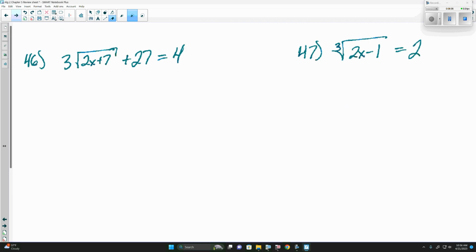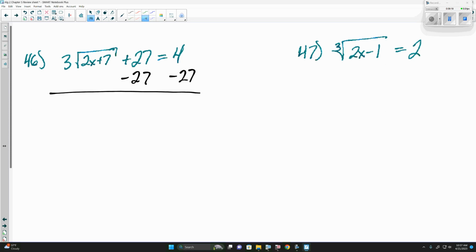Questions on 46 or 47? Which one do we want to look at? 46. So when we look at 46, we want to get the radical by itself. So the first thing we can do is subtract 27 from both sides.